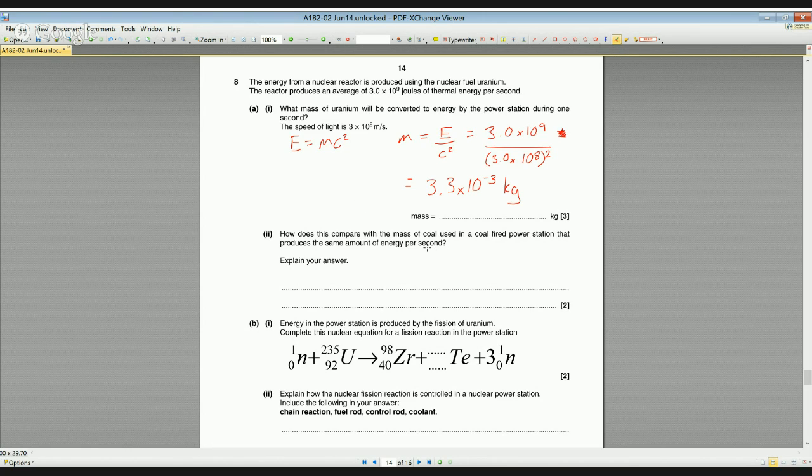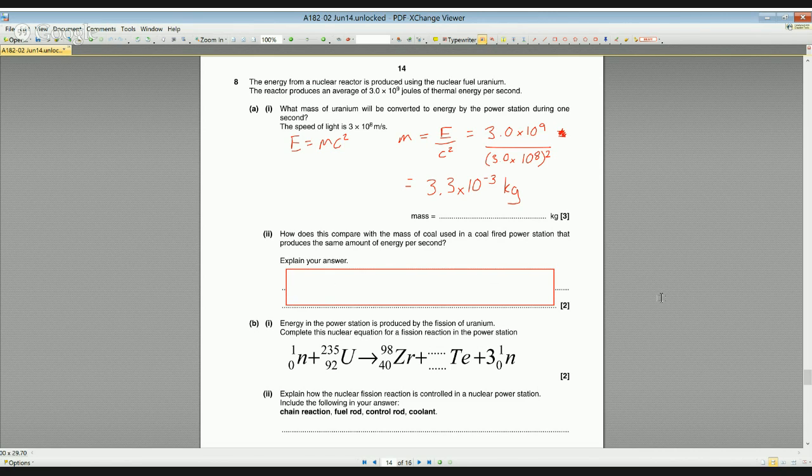How does this compare with the mass of coal used in a coal-fired power station that produces the same amount of energy per second? Well, nuclear power is so attractive because it uses such tiny amounts of fuel, and the reason for that is that nuclear fission can release far more energy from the same amount of mass than a chemical reaction can.